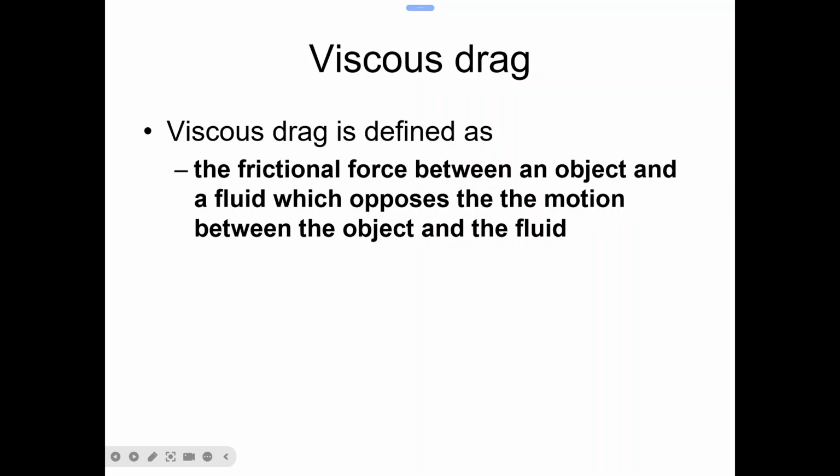Viscous drag. So, the third force is the drag force. Viscous drag is defined as the frictional force between an object and the fluid which opposes the motion between the object and the fluid.